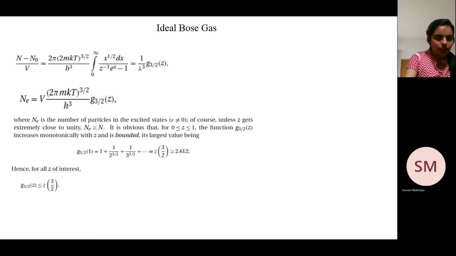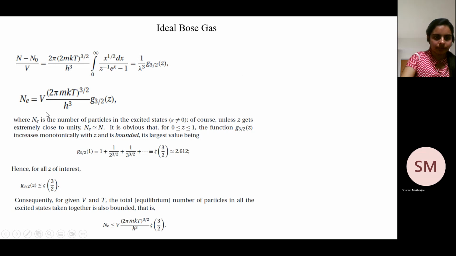Hence, for all Z of interest, this value is bounded. That in a way tells you that Ne is bounded. So given some value of volume and temperature, the total number of particles in all the excited states taken together is also bounded, and this is given by this expression here.